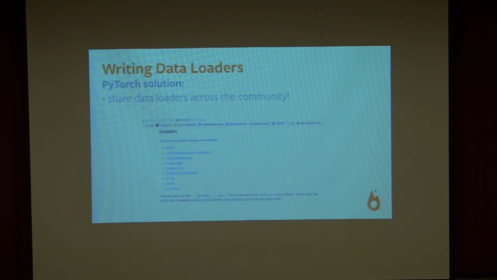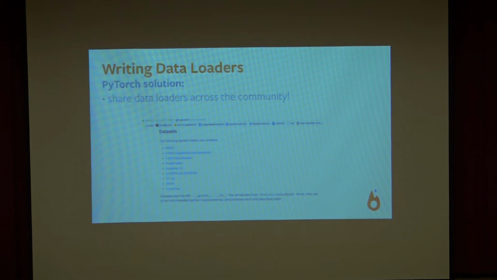One of the solutions we provided with PyTorch is we share the data sets and data loaders across the community. So if you want to load ImageNet, you don't need to sit and write your own ImageNet loader. If you want to use Coco or CIFAR or MNIST or SVHN, or there's many more, you don't need to write your own data loader.